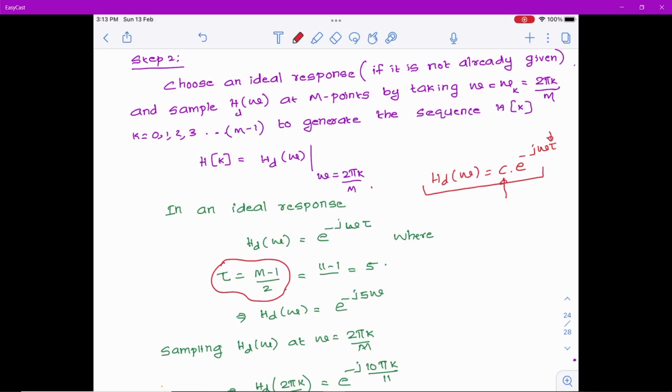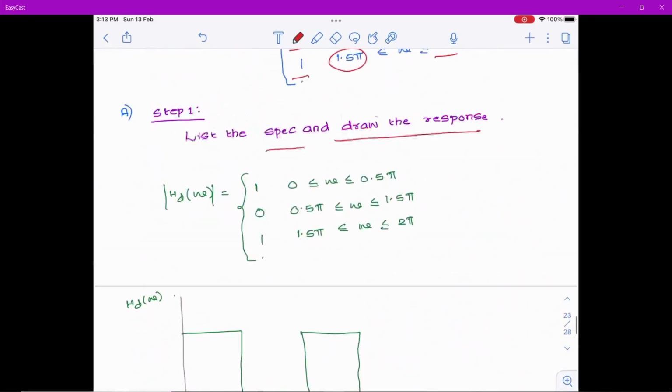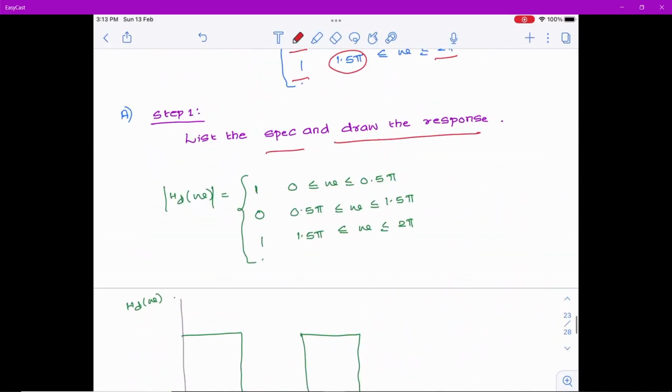Now what is C? For that you just go back to the magnitude response. In the magnitude response, whatever value is given there is C, or the magnitude of Hd of omega. In our case, the magnitude is 1 when the frequency range is between 0 and pi by 2, and 3 pi by 2 and 2 pi. Otherwise it is 0.